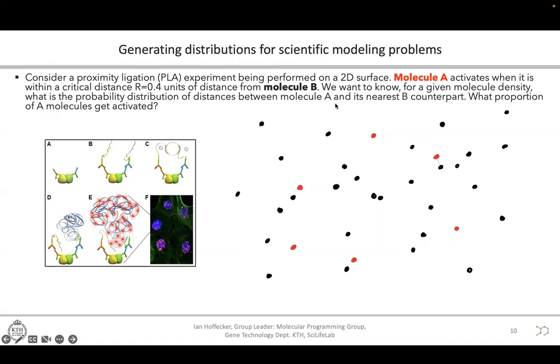What we want to know is the probability distribution of distances between A and its nearest counterpart B, and then the proportion of A molecules that are going to be activated. So if I give you a particular density of A molecules and B molecules, what's going to happen?